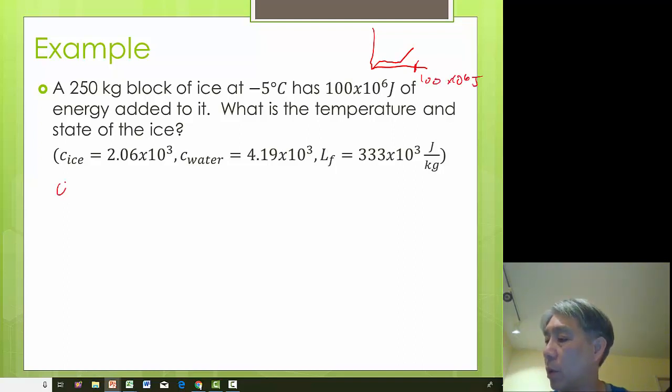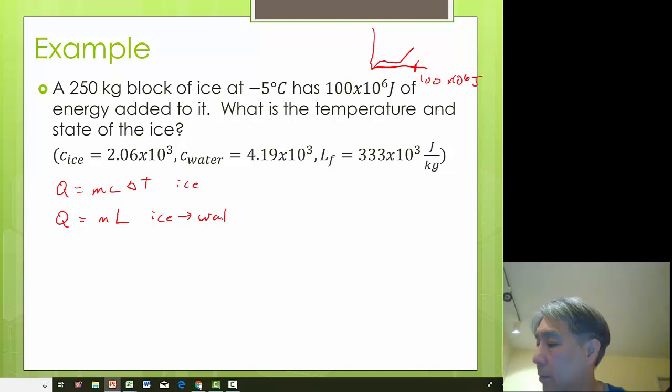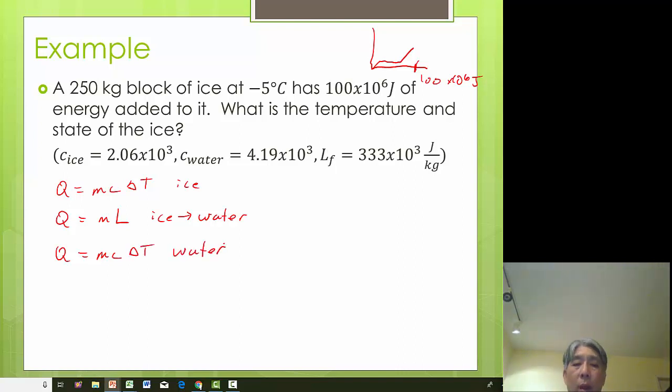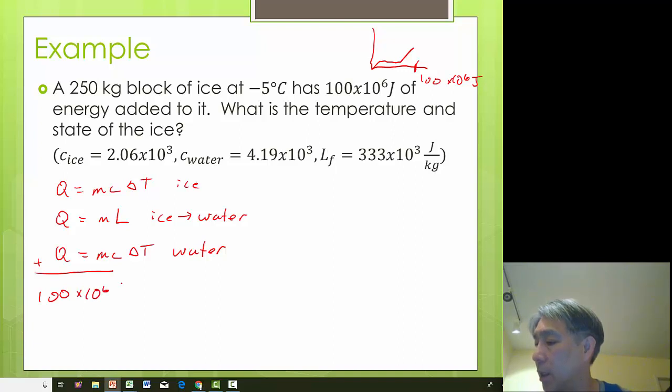So I'm going to have to do a Q equals mcΔT for the ice. And then Q is equal to mL for ice to water. And then Q is equal to mcΔT for the water. Depending on the values, I may stop somewhere. And all of these Q's, when I add them up, have to equal 100 times 10 to the 6.